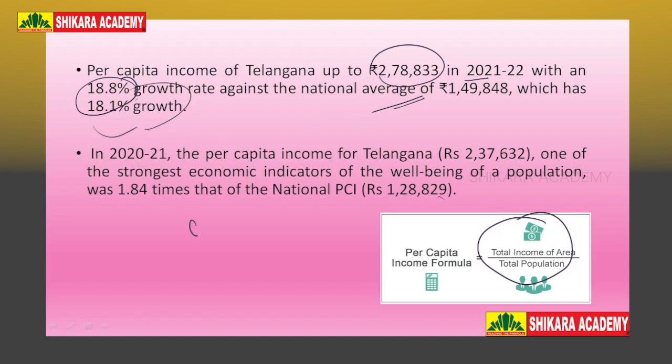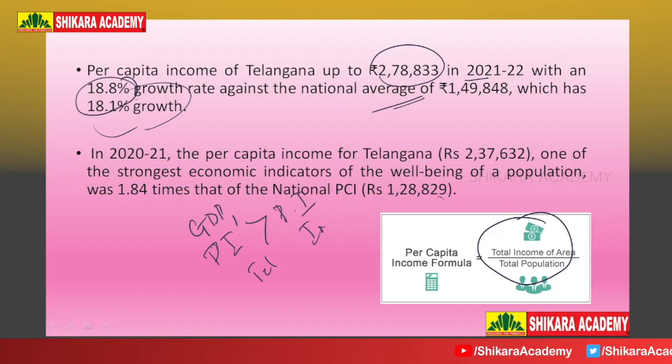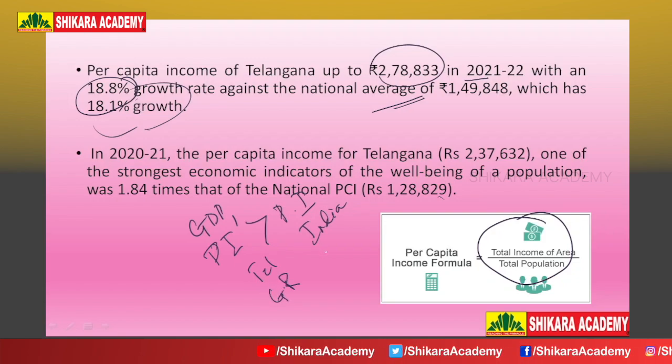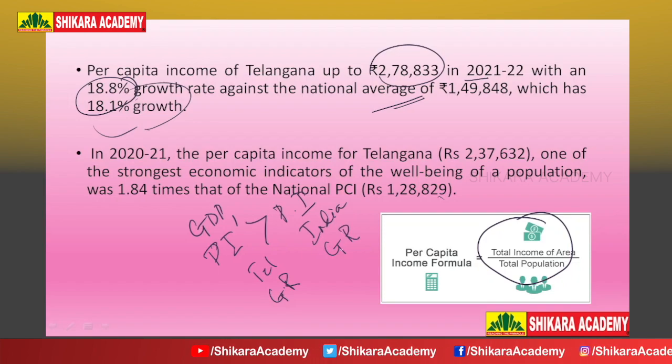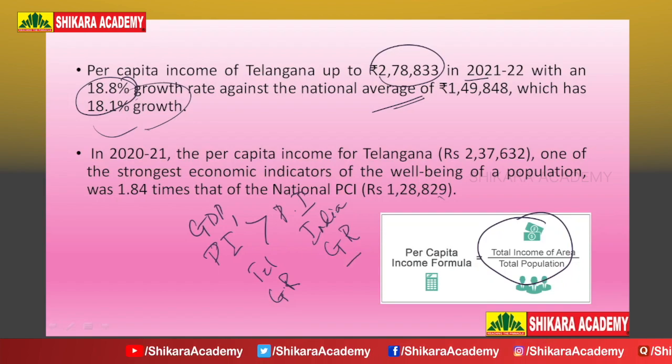So, apart from GDP, the per capita income of Telangana is higher than the per capita income of India, and the growth rate of per capita income of Telangana is also higher than the growth rate of per capita income of India.